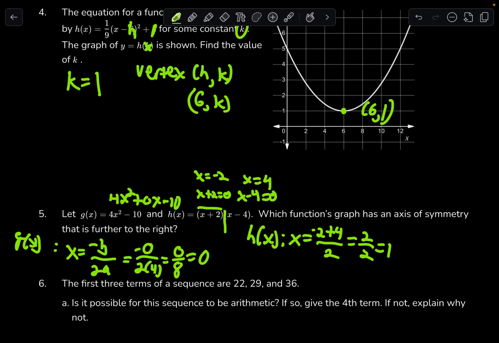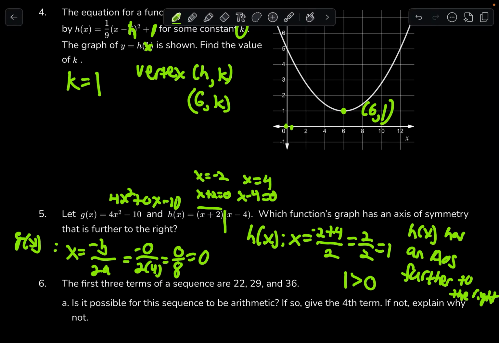So h of x has an axis of symmetry at x equals 1, which is like right here. And then g of x has an axis of symmetry at 0, which is to the left. So that tells you that h of x has an AOS further to the right, because 1 is greater than 0.